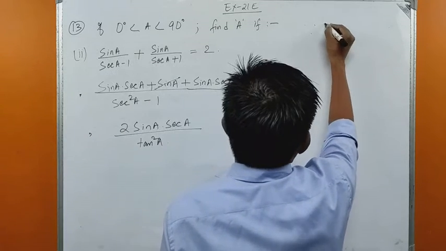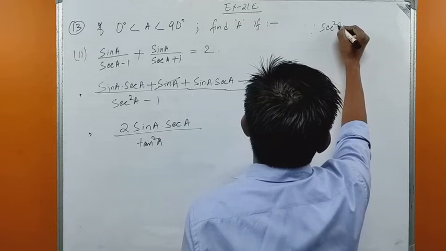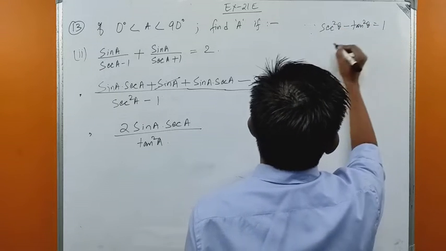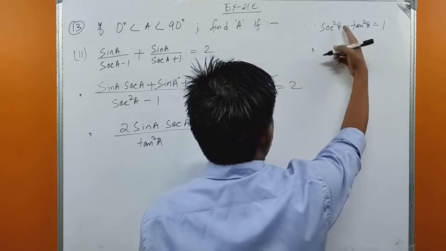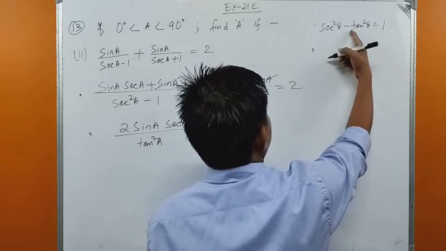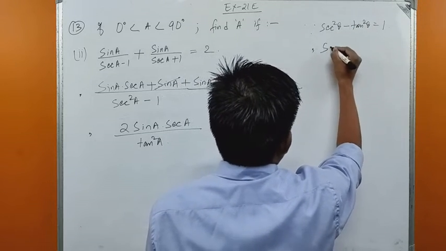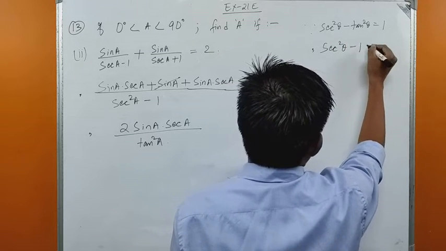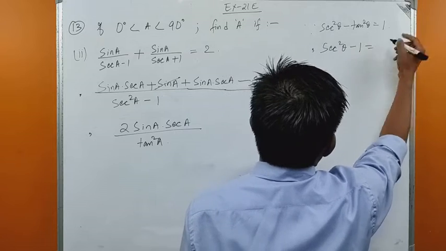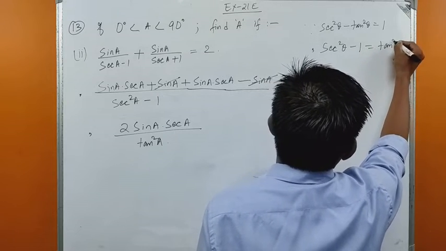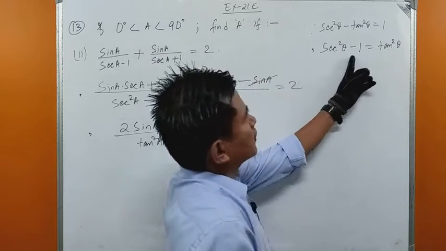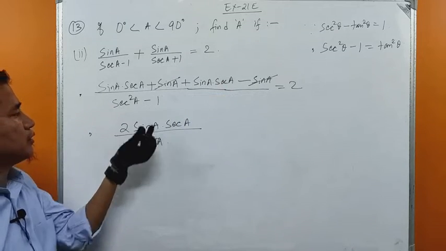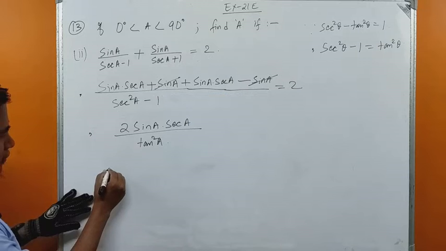Since we know that sec square theta minus tan square theta equals 1, we bring this 1 to the left hand side and take minus tan square theta to the right hand side. So sec square theta minus 1 equals tan square theta. This means sec square A minus 1 means tan square A.